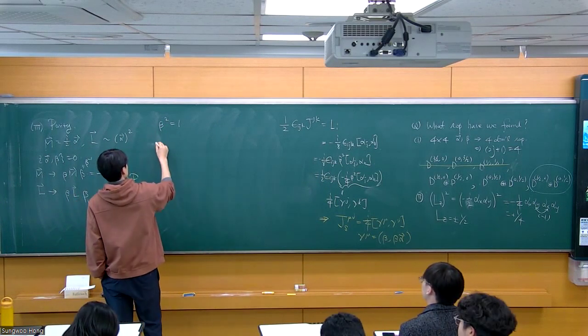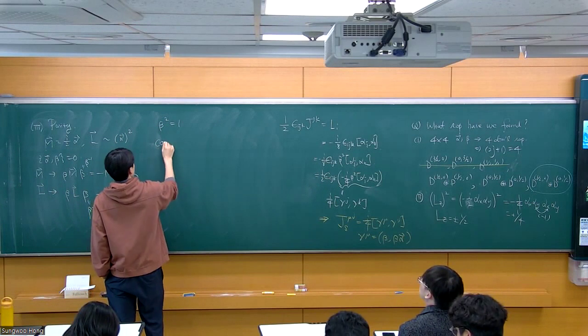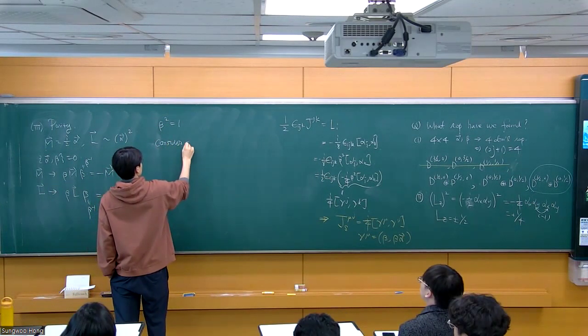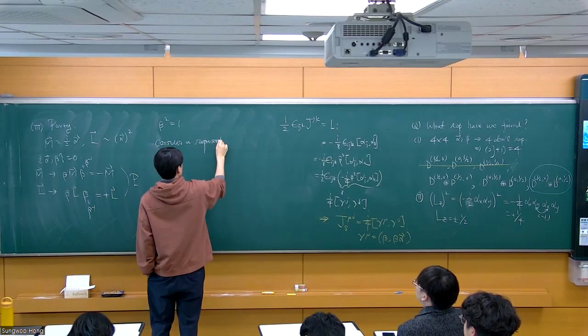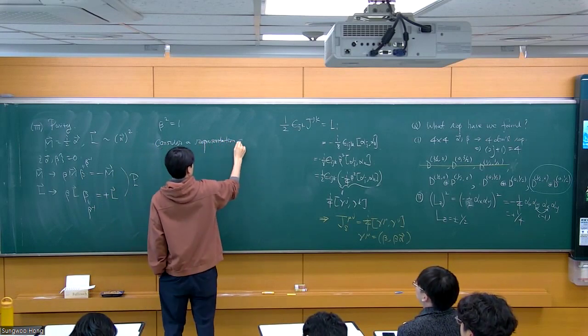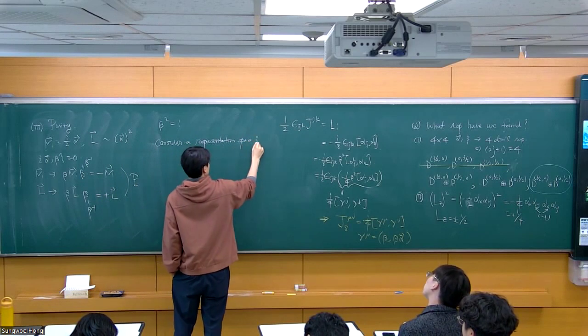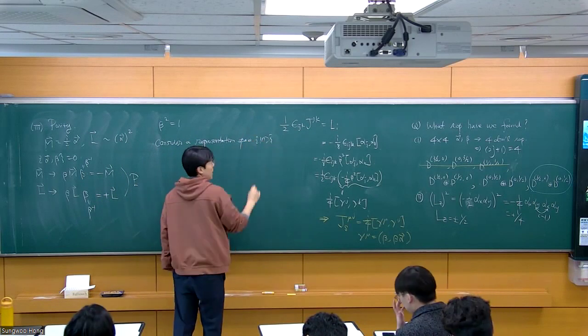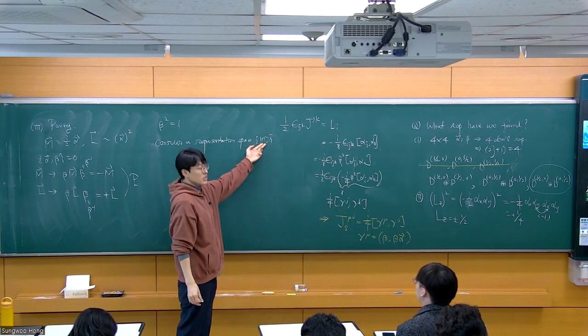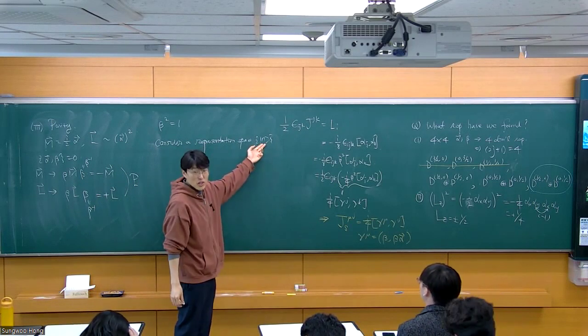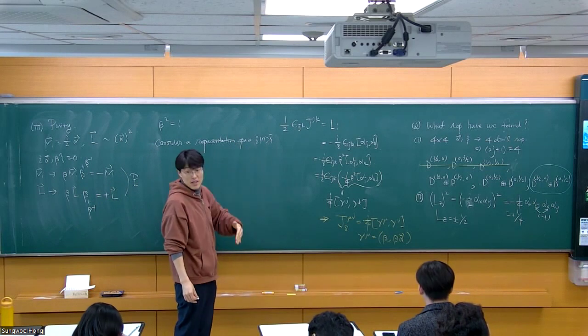Now, let's consider a representation space. By representation space, I mean just like in SU(2): if you have a spin half representation, you have two vectors, up and down, right?